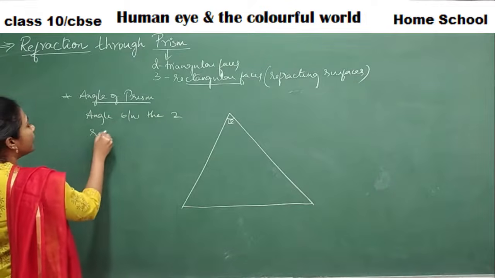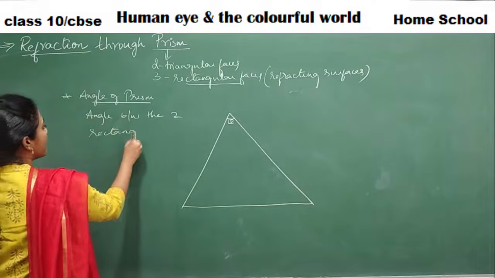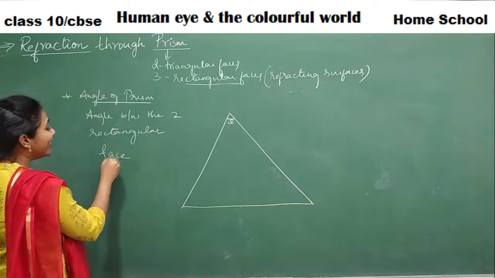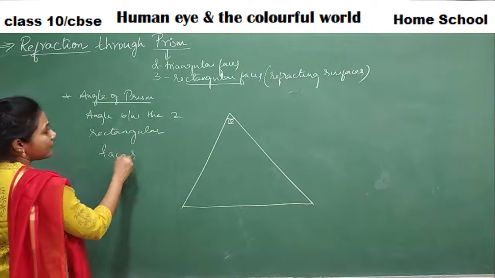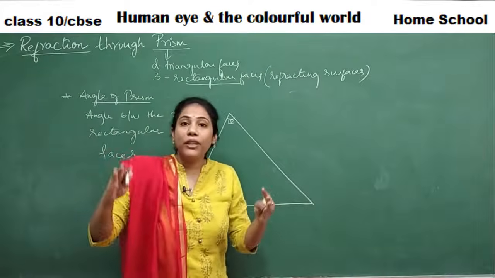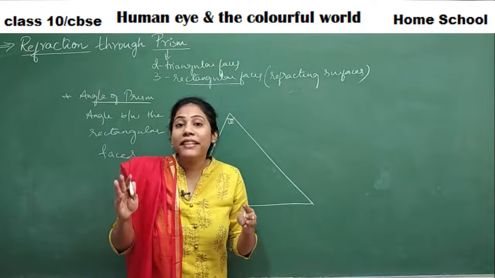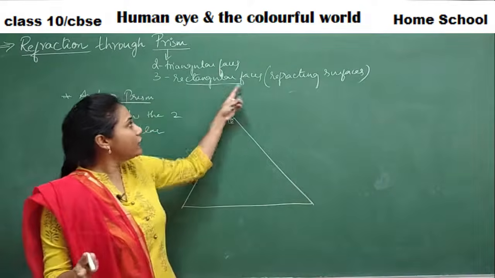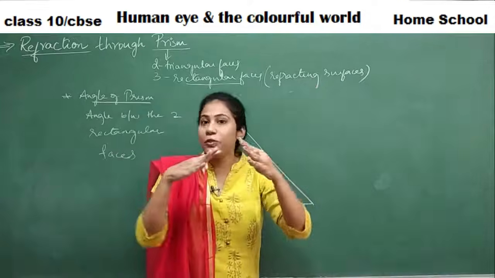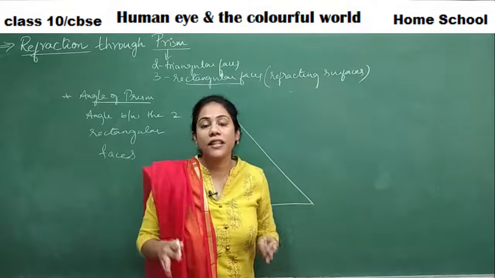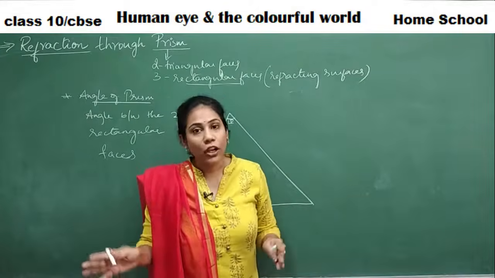Or we can say the angle between the two inclined faces is called the angle of prism. Or you can say the angle between the two refractive surfaces. Our rectangular faces are called refractive surfaces, isn't it? The angle between the two refractive surfaces is called the angle of prism.